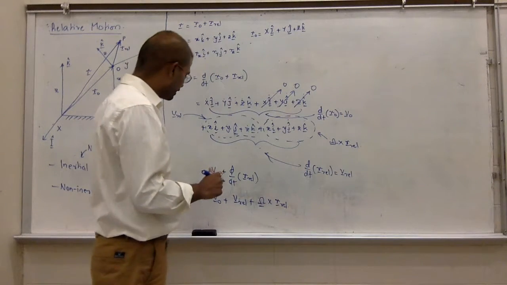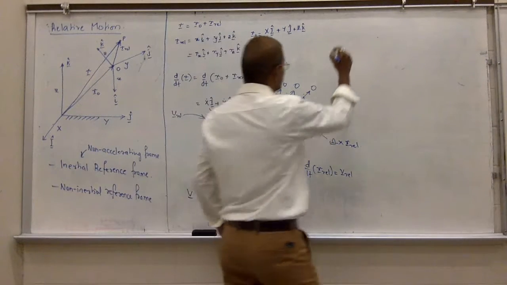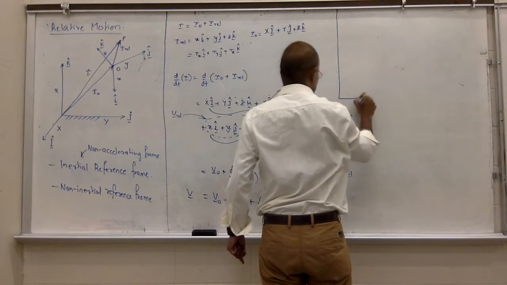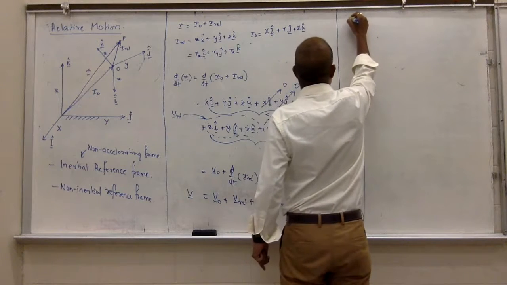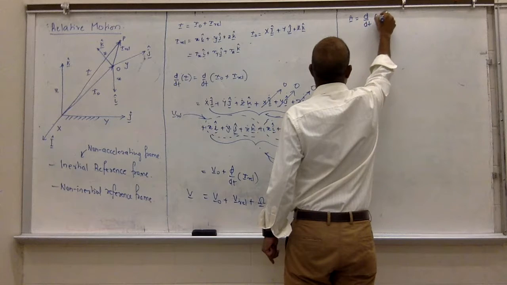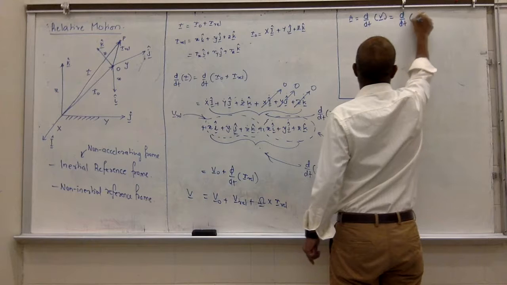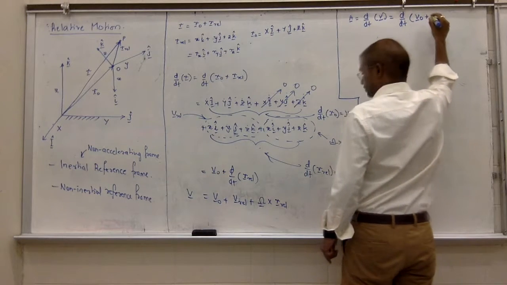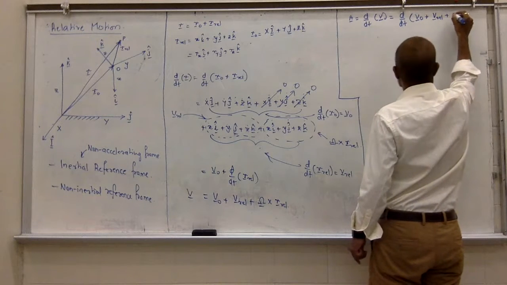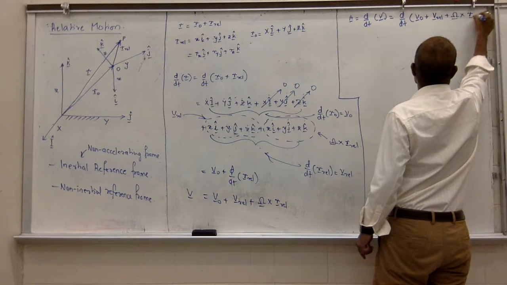All right. Now acceleration. What do you do with acceleration? So if you want acceleration, you have A is d over dt of V, which is equal to d over dt of V naught plus V relative plus omega cross with R relative.